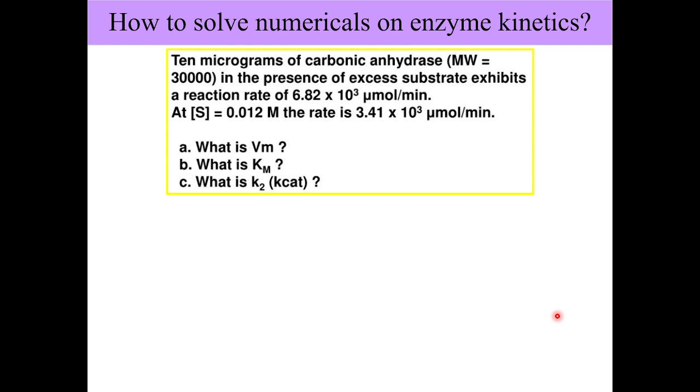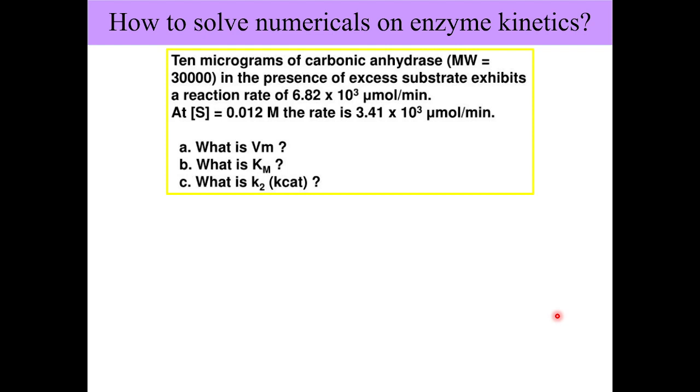First they ask what is Vm. Then they ask what is Km, your Michaelis-Menten constant. And what is K2 or Kcat, the turnover number? K2 is the rate constant for the reaction from ES to E and P.